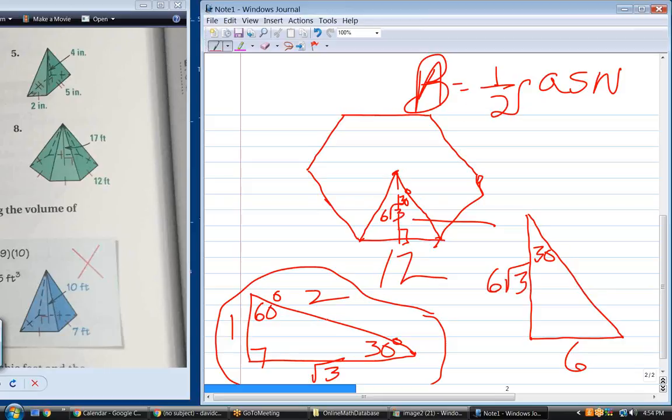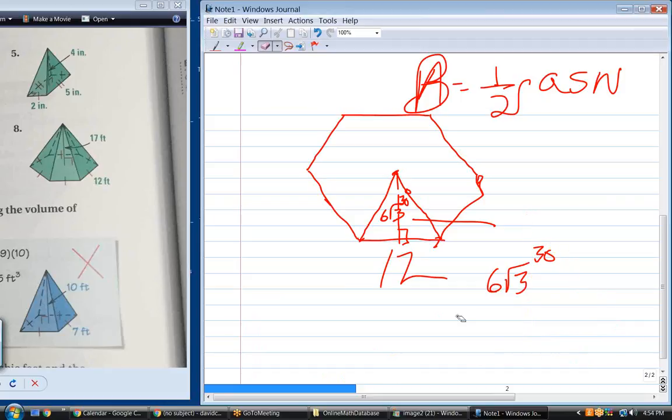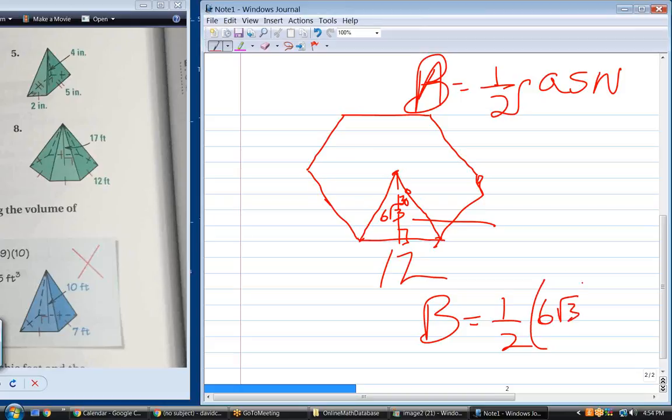Now I can figure out the area of the base. So the area of the base is 1/2 the apothem, 6 root 3, times the number of sides. There's 6 in a hexagon, or the side length is, the number of sides is n.